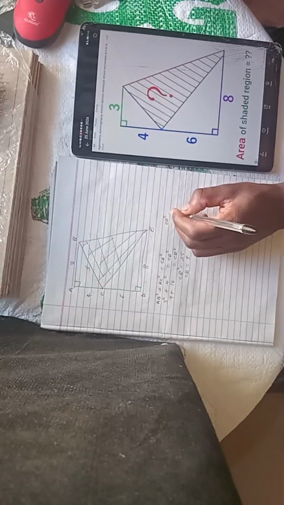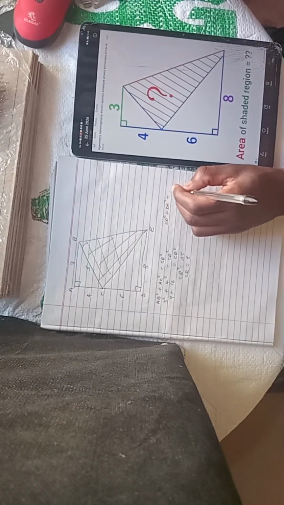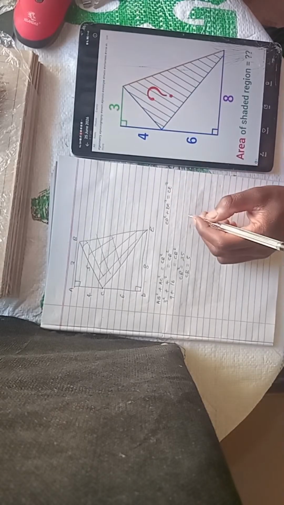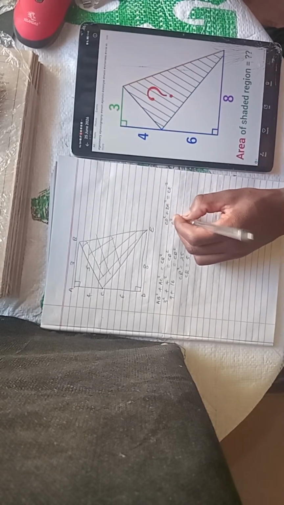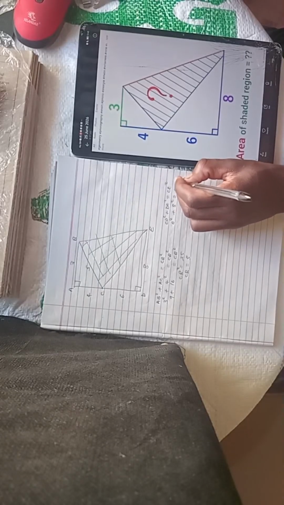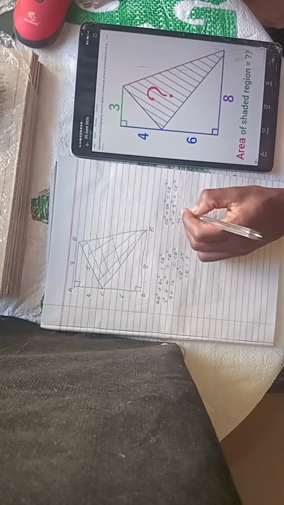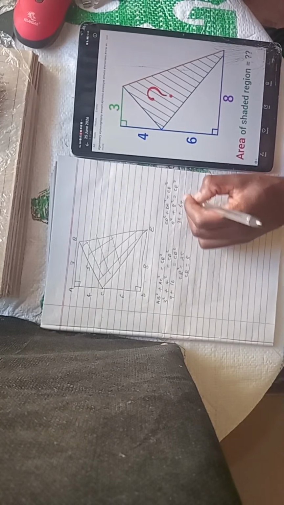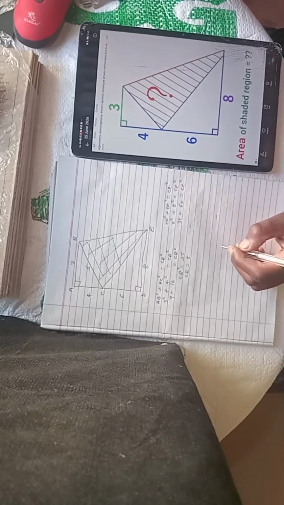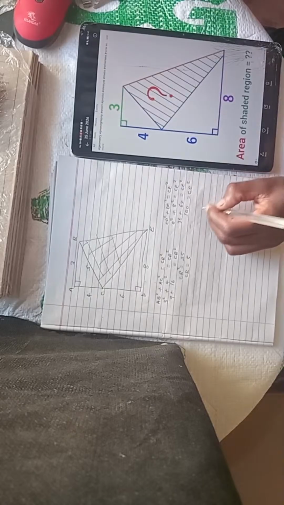We also have CD squared plus DE squared should be equals to CE squared. This one is 36 plus 64 is equals to CE squared. Therefore, these two is 100 is equals to CE squared.